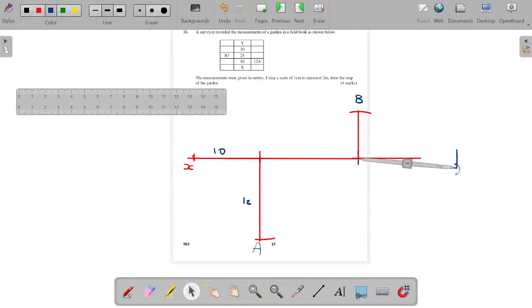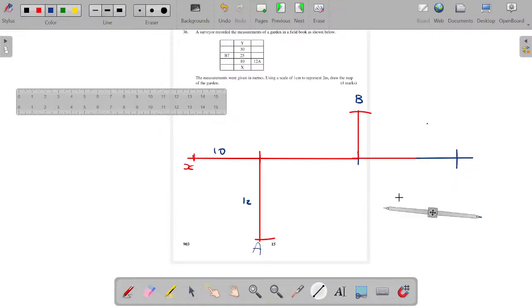Let's see. That will cover that point. Now you remove this and you need to extend this line once more. We have it like that.